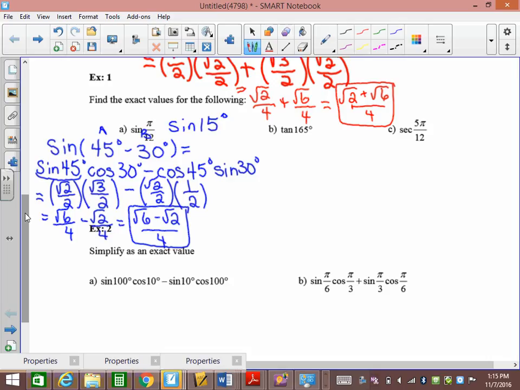Is there anything that I could add or subtract to get it? Your unit circle, are there any things I could multiply or add or what to get me 165? Yeah. You do 210 minus 45. What else?